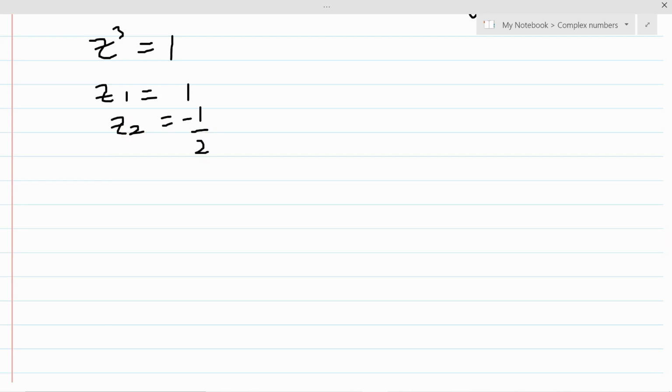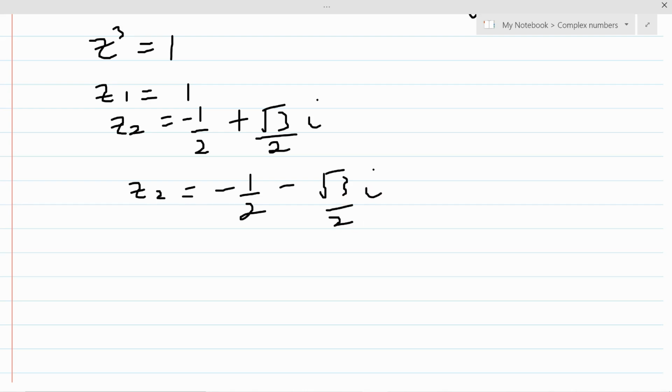Let me write it here. We had z cubed equals 1, and we're supposed to solve this. It means we're supposed to find the cube root of this, and using complex numbers we were able to find that z1 is equal to 1, z2 is equal to negative half plus root 3 over 2 i, and z3 was equal to negative half minus root 3 over 2 i.